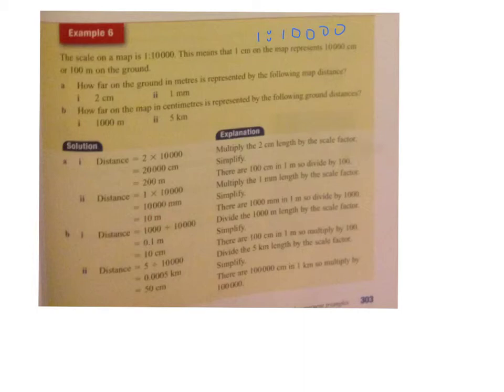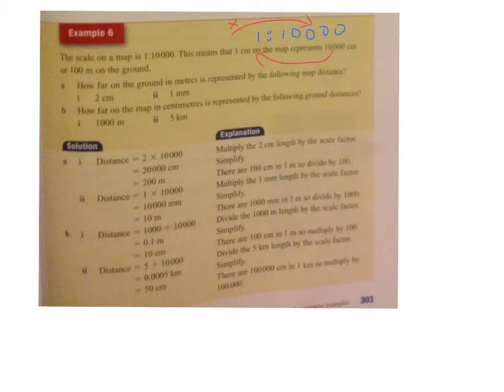Part B: how far on the map, this time in centimetres, is represented by the following ground distances? This time I'm going the opposite way, from the ground to the map. When I went that way, I was multiplying. When I go this way, what do you think?